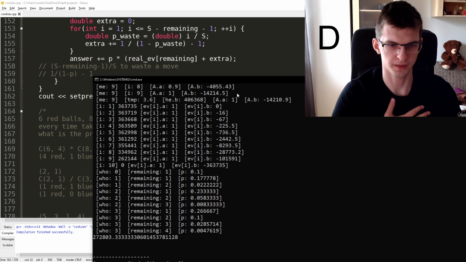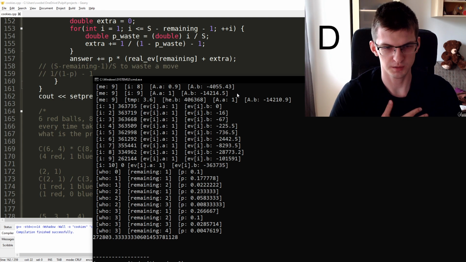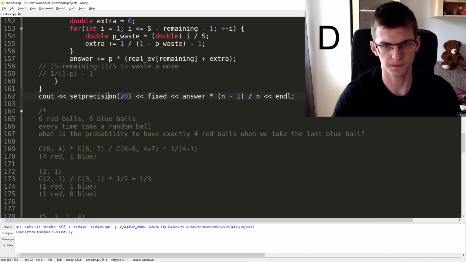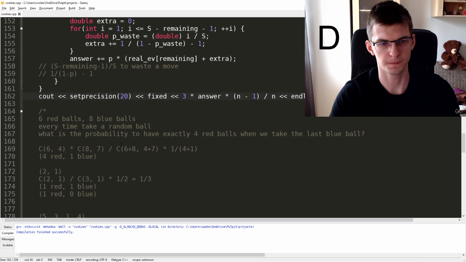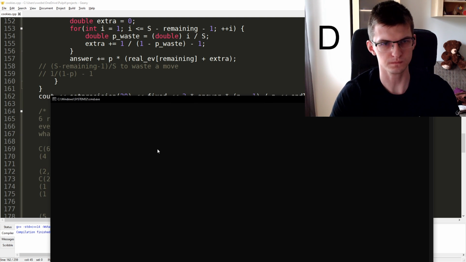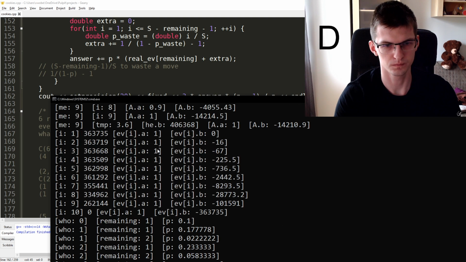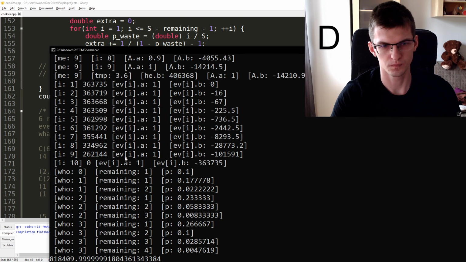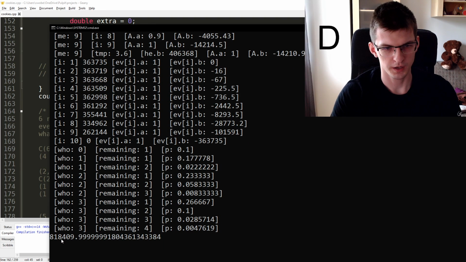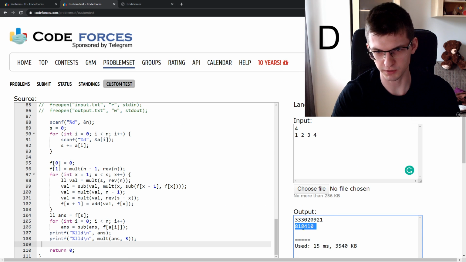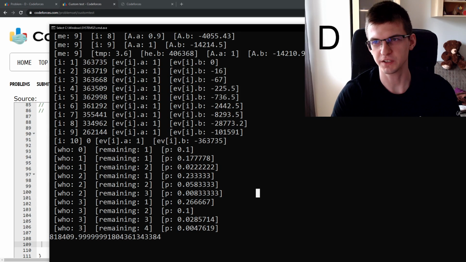Okay, oof. It seems to be, let's print it multiplied by 3. 818, 410. What do we have here? 818, 410. Okay, this is a correct code.